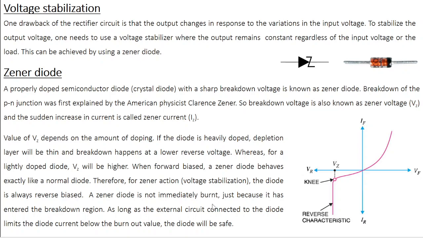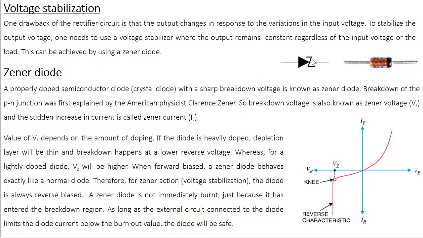A Zener diode is not going to immediately burn just because it has entered the breakdown region. As long as the external circuit connected to the diode limits the diode current below the burnout value, the diode will be safe. So you have to choose your circuit resistance in such a way that the Zener diode is not burned even though you are operating all the time in the breakdown region.